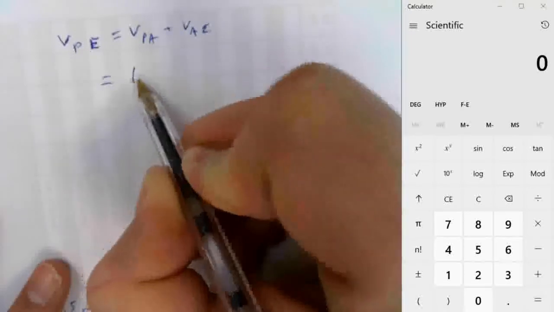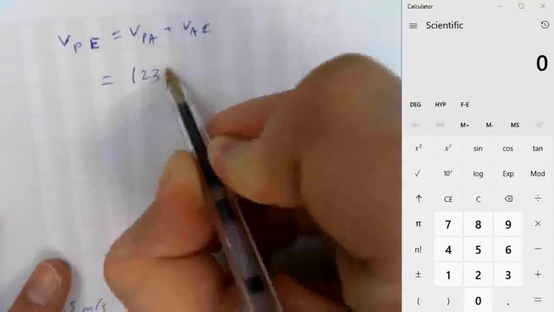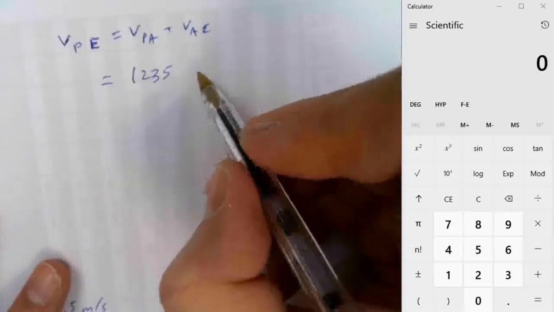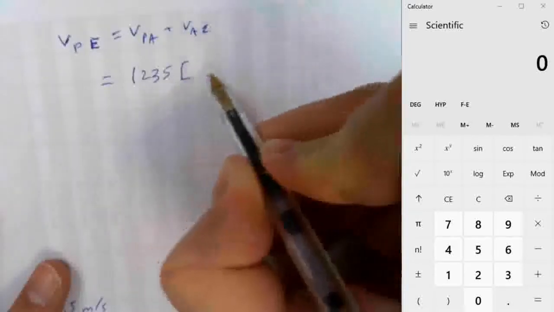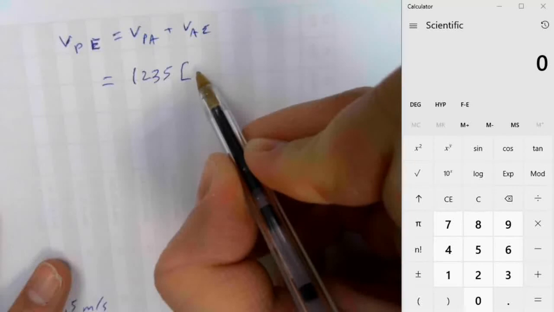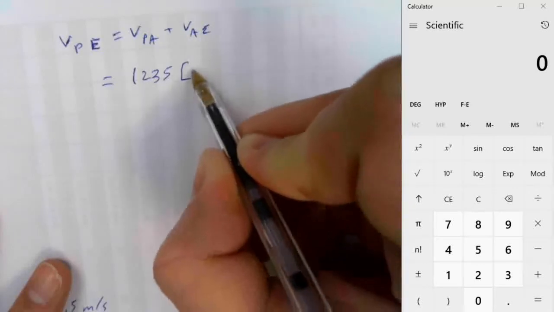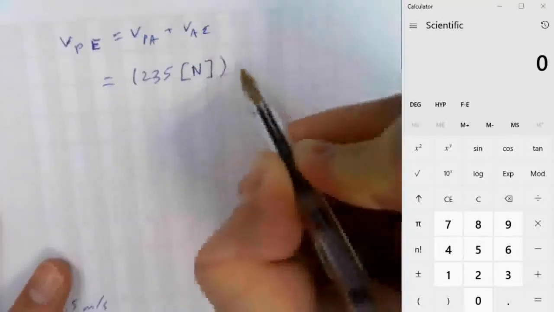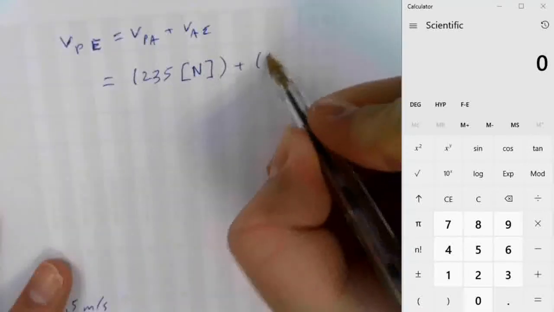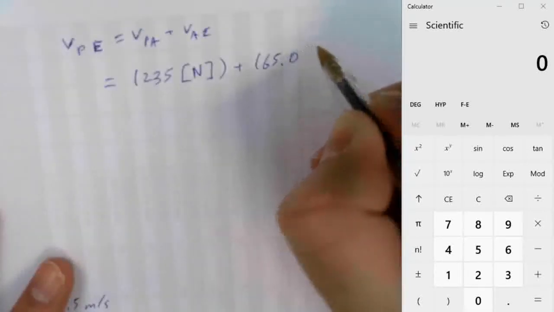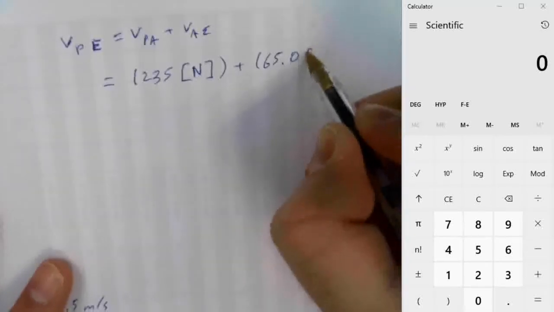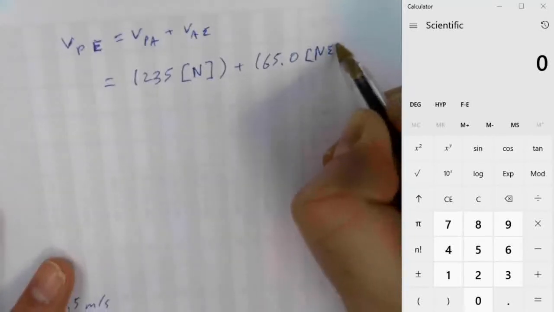We're given this velocity as 235 kilometers per hour. I'm not going to write the kilometers per hour part, but I will write the direction. This is directed towards the north. And the VAE is 65.0, and this is directed towards the northeast.